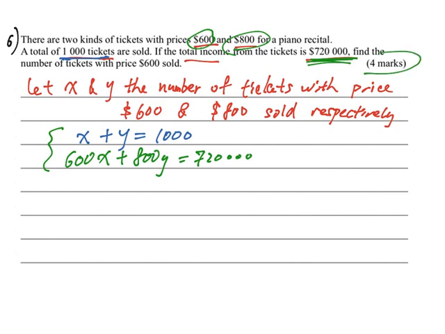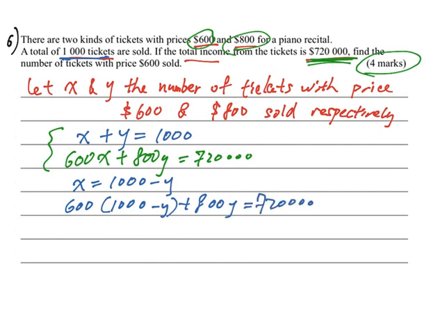For this question, we have 4 marks. That means we have 1 mark for substitution. So we'll change equation 1 to like this: x equals 1,000 minus y, and then substitute. And then 600 times 1,000 minus y plus 800y equals 72,000.